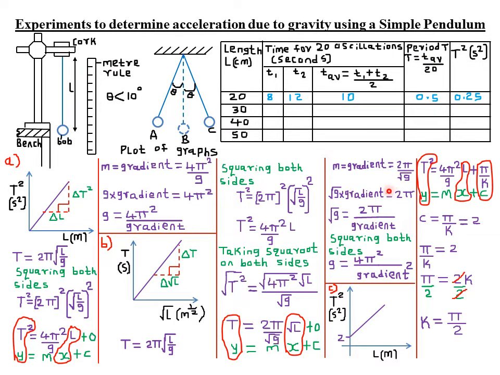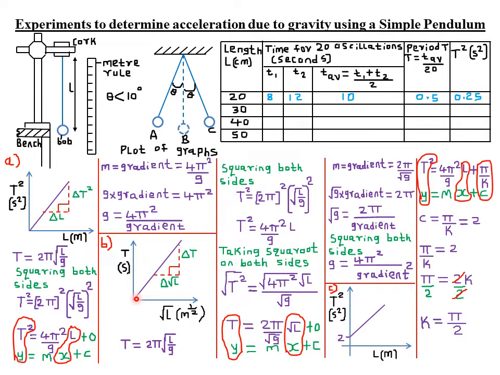So because time is a scalar quantity, it can never be negative, and therefore it is not possible to have your graph cutting towards the negative side of your T squared axis. Therefore, all graphs will either cut on the positive side of your T squared axis, or they will be starting from your point 0, 0.